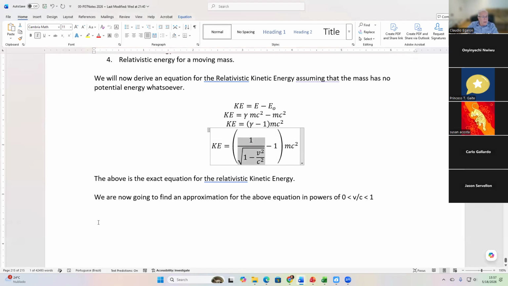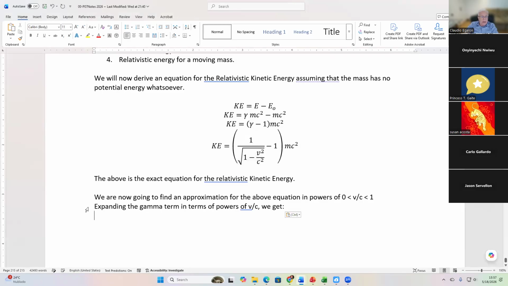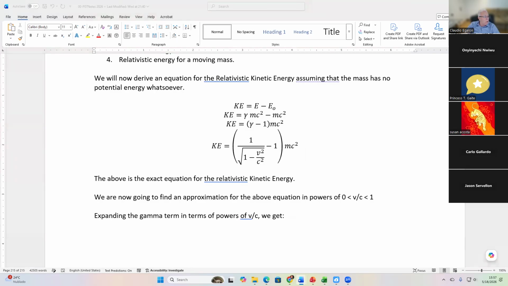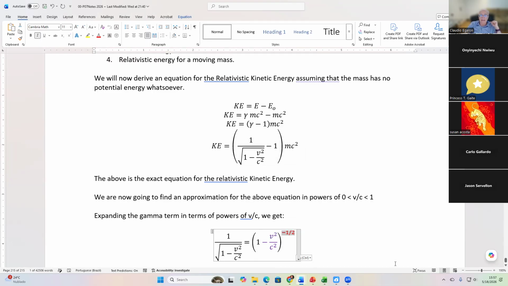Expanding the gamma term in terms of powers of v over c, we get what? I'm going to expand this one here, this term right here, which by the way can be written in terms of a negative half power.